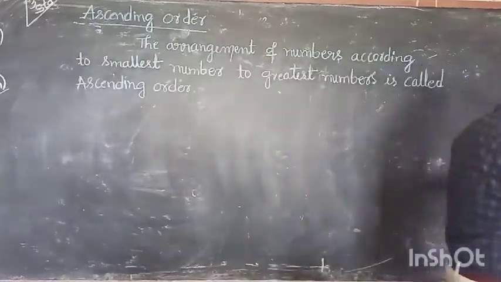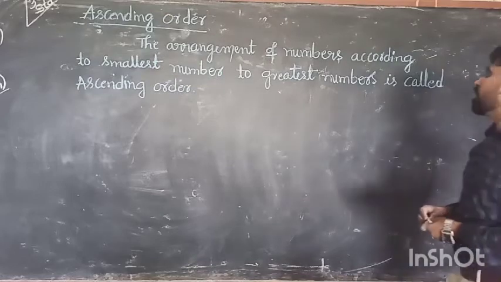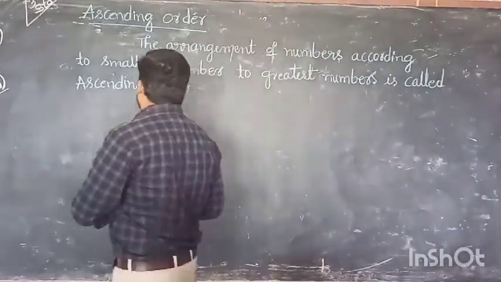Nothing but we arrange the numbers simply from small number to great number, and that is called ascending order.